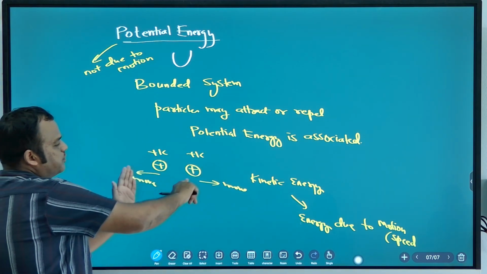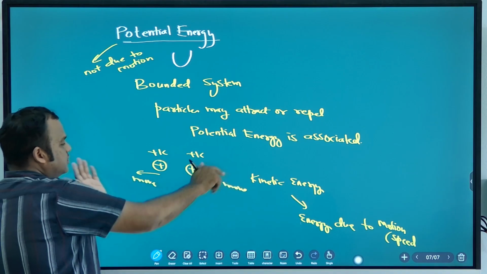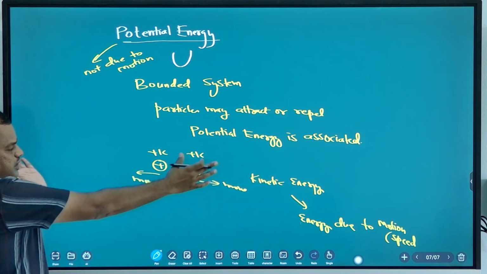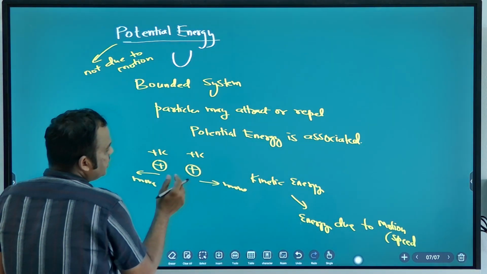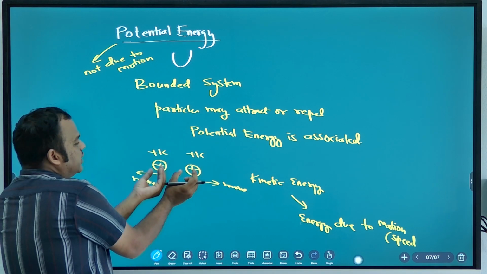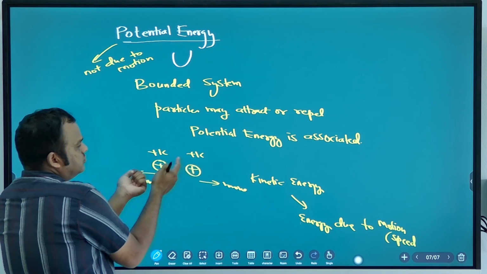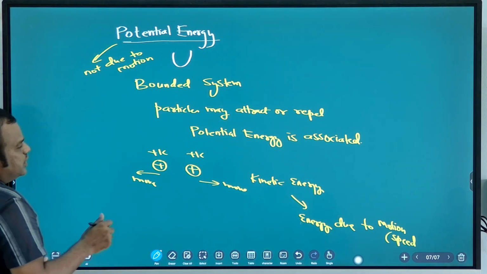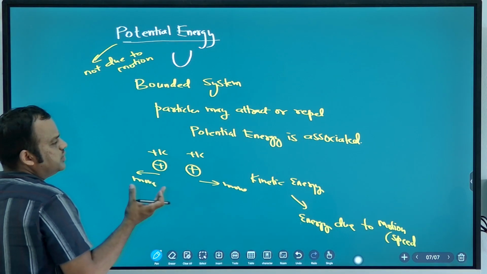They experience some force, so they attain speed. So what was there before? When I am holding them, something is there between them. That energy is known as potential energy. It is something hidden.